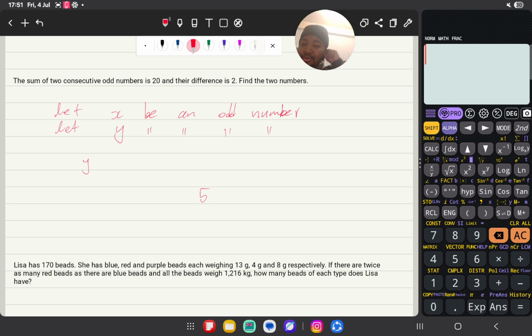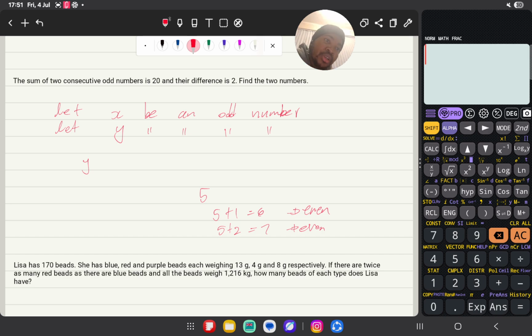But 5 plus 1 equals 6, which is even. 5 plus 2 is 7, which is odd. So to get to the next odd number, you must add 2 to the current odd number.